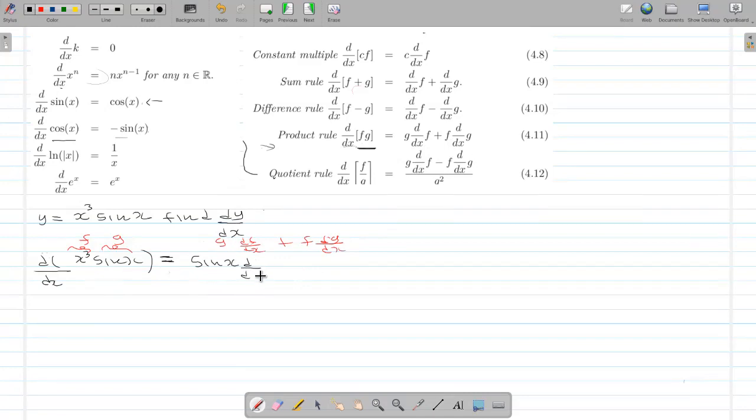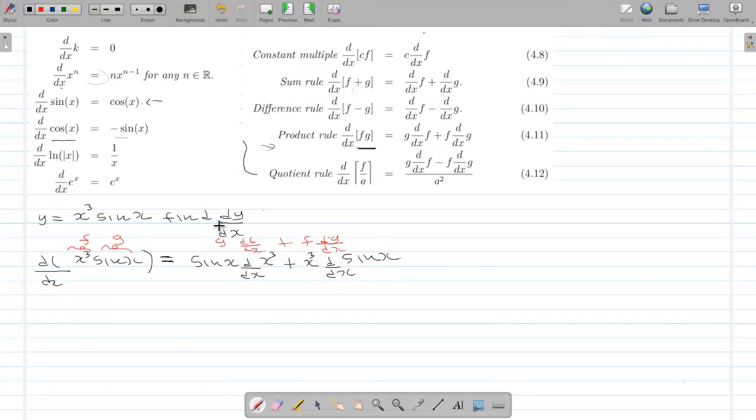Here f is x cube and g is sine x. So I apply the product rule here.